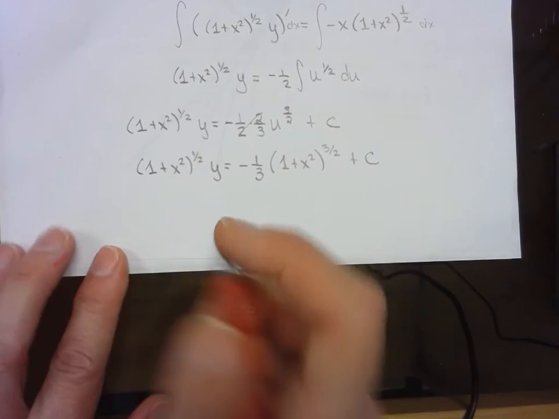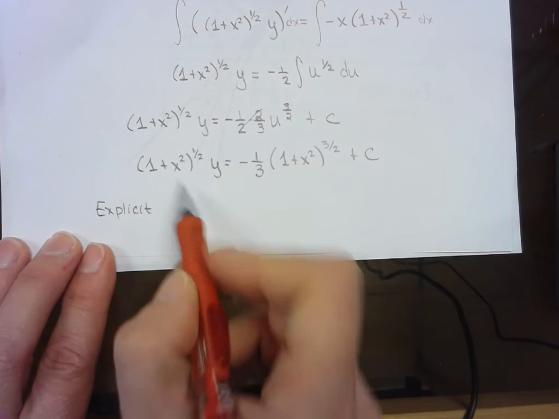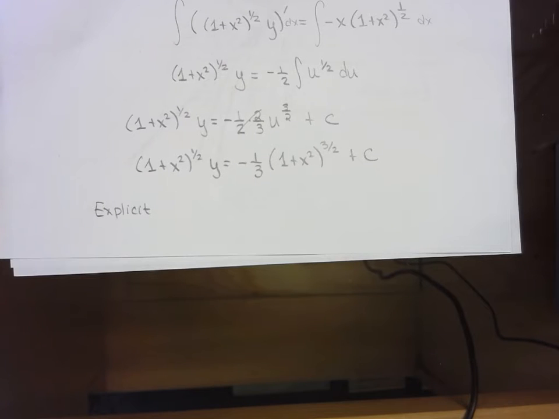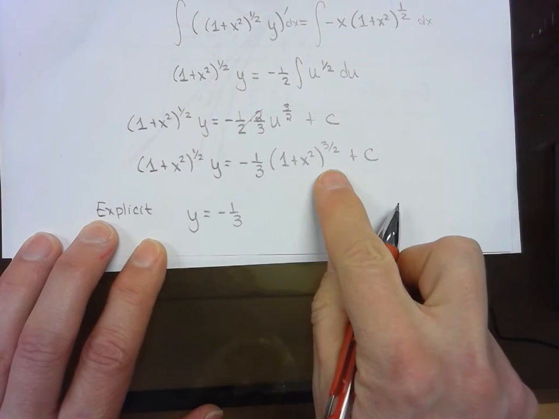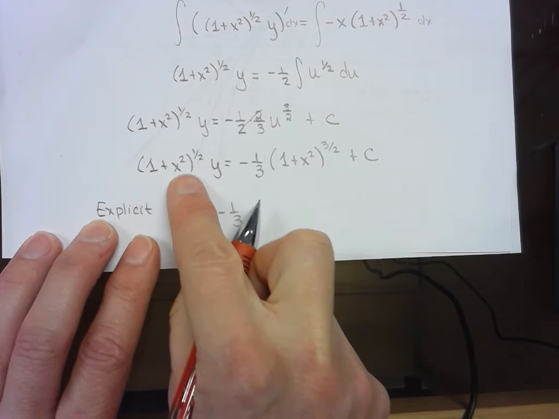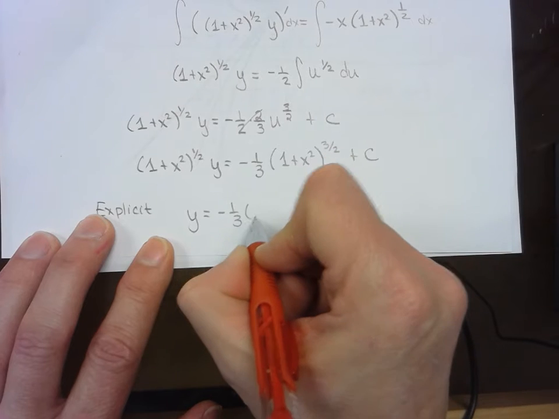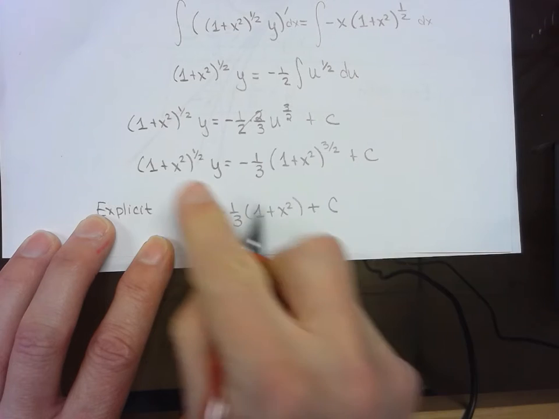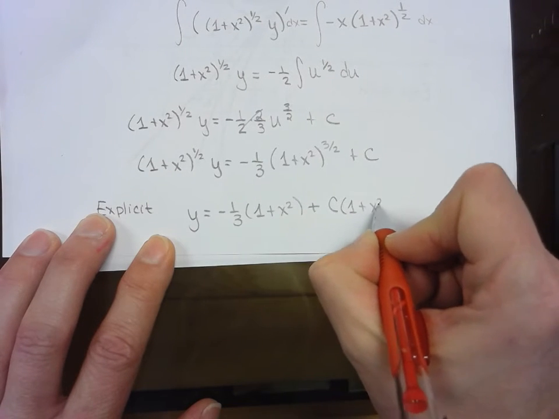And then we can get the explicit solution by dividing every term by 1 plus x squared to the 1/2, or multiplying by 1 plus x squared to the negative 1/2. So I'd get y equals negative 1/3. And what about 1 plus x squared to the 3/2 divided by 1 plus x squared to the 1/2? Yeah, just to the first power. So just 1 plus x squared. And then plus c. You can write c over this, or you can write c times 1 plus x squared to the negative 1/2.